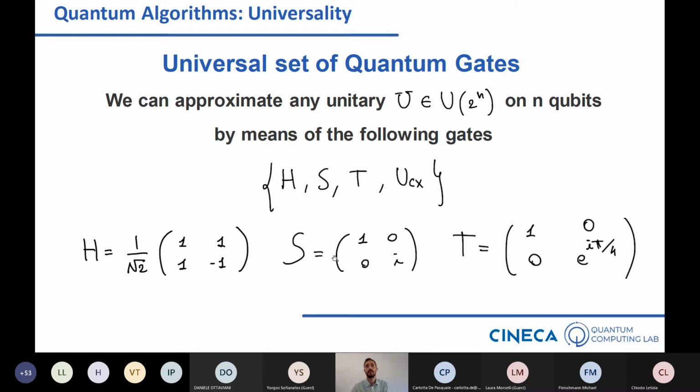For other hardware, it comes naturally to have, for example, the Toffoli gate. So it depends on the hardware. There are multiple choices of sets that achieve this kind of universality, so you can choose the best one for your particular device, and you have to be wise in this choice.